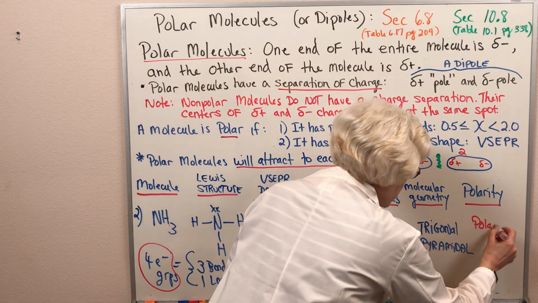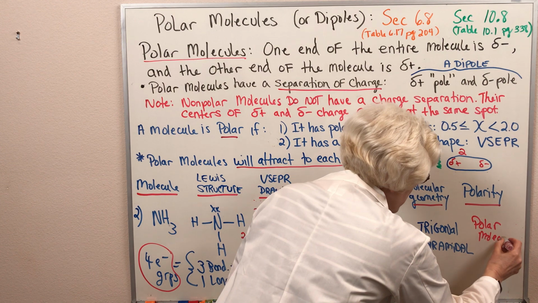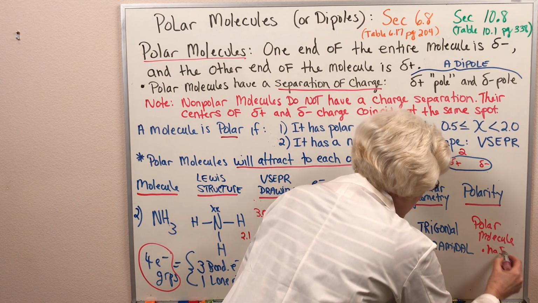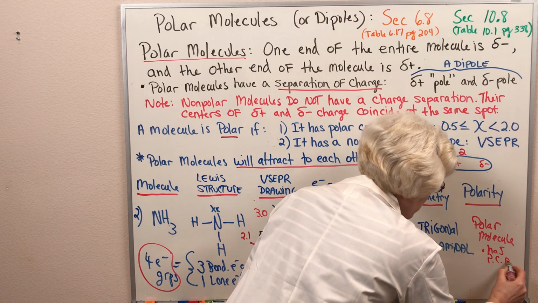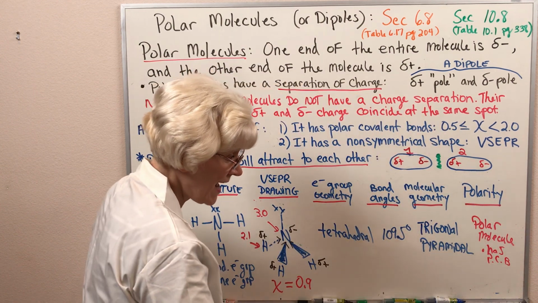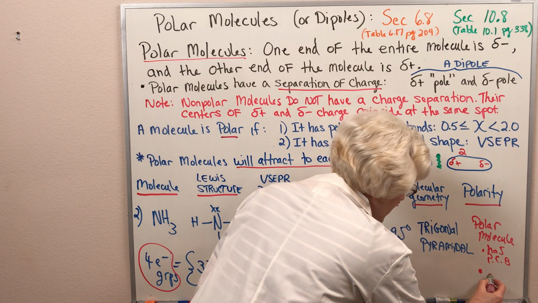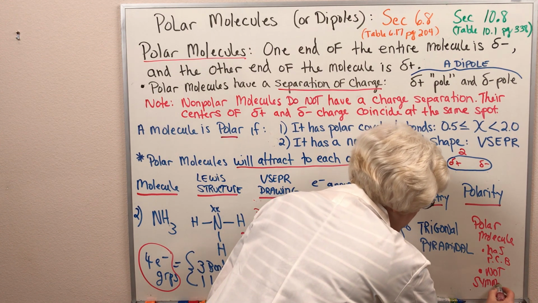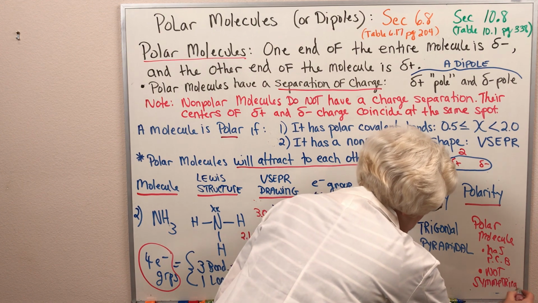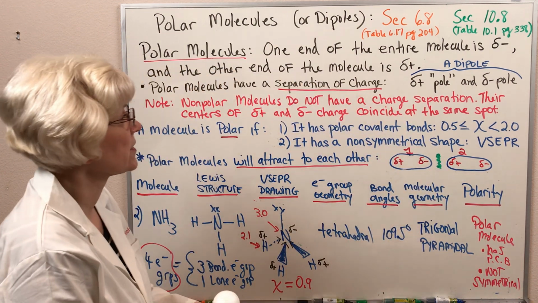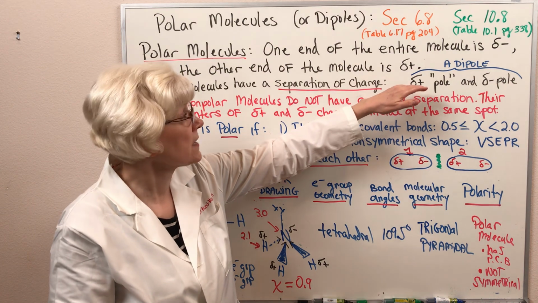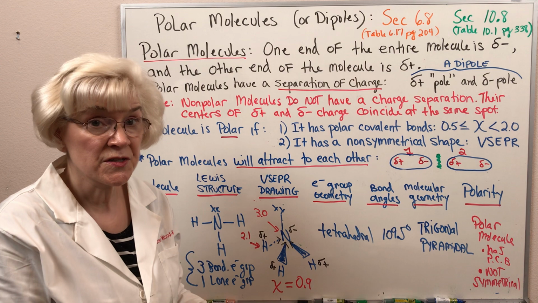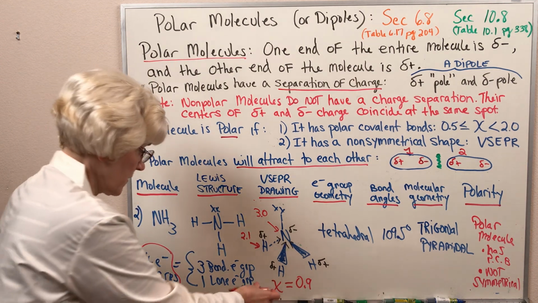It's a polar molecule because it has, and I'm abbreviating here, polar covalent bonds, and it is not symmetrical. Therefore, its centers of partial negative and partial positive charge are separated in the molecule.